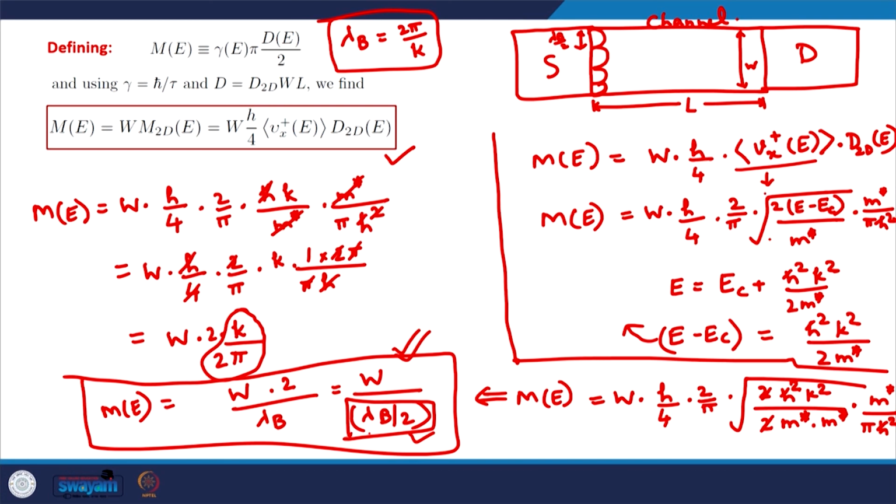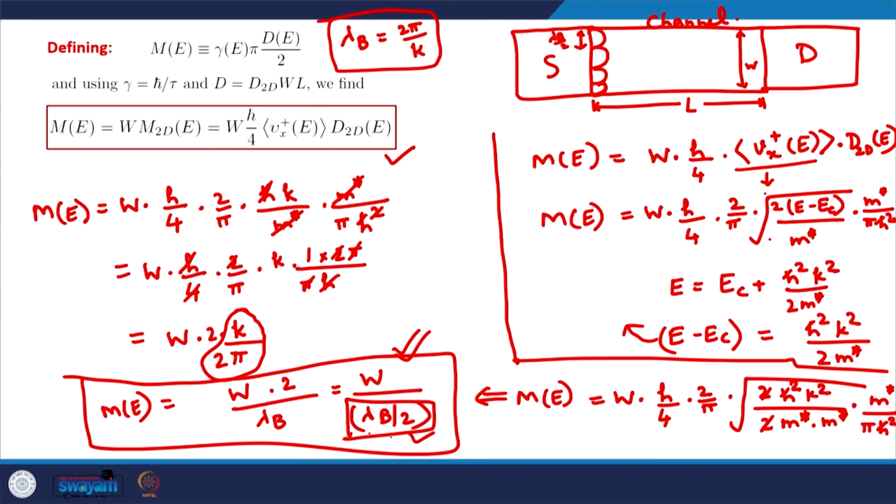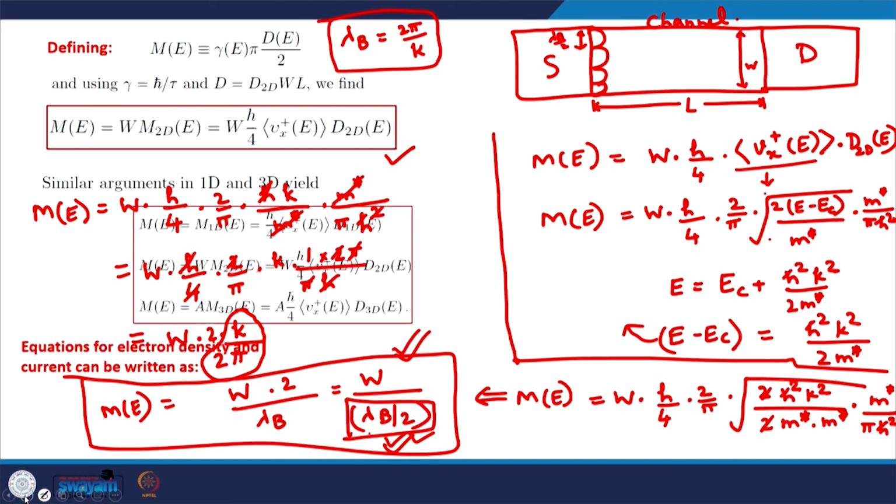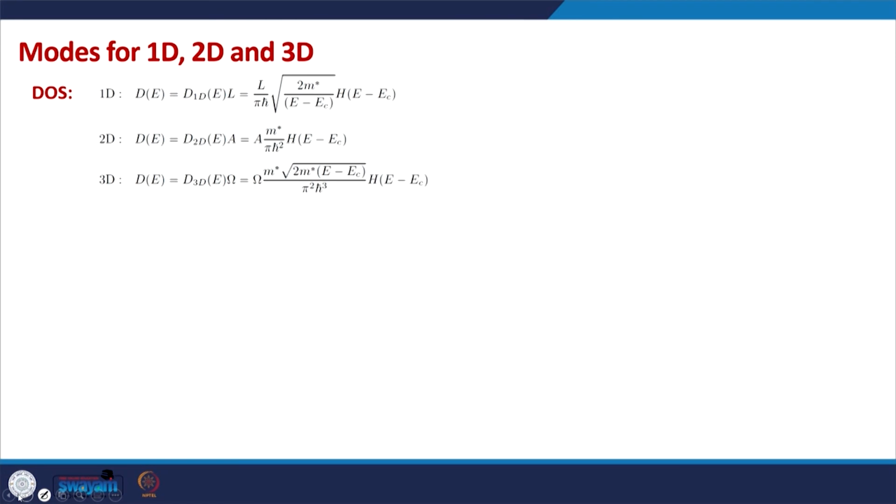Or in other words, the electron behaves like a classical particle that needs space of around lambda b by 2 while traveling through the device. So, this is an important intuitive result.